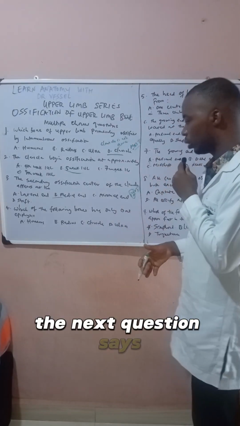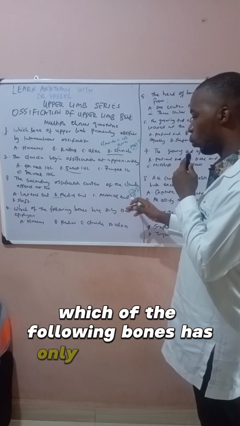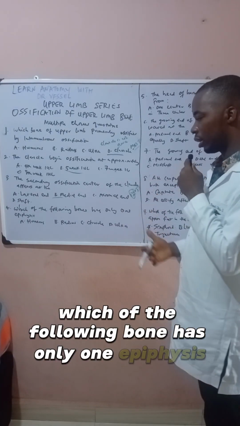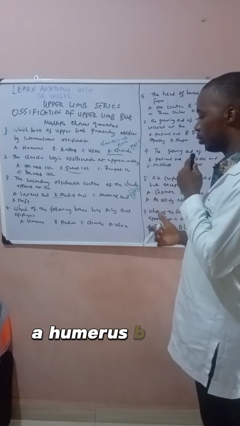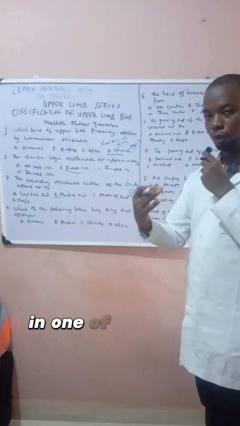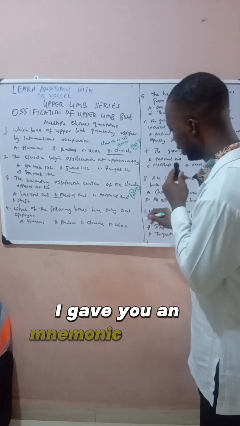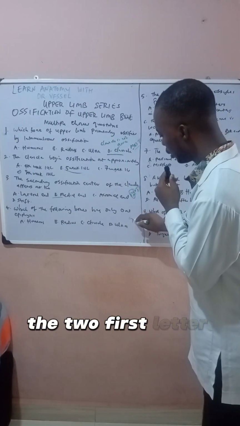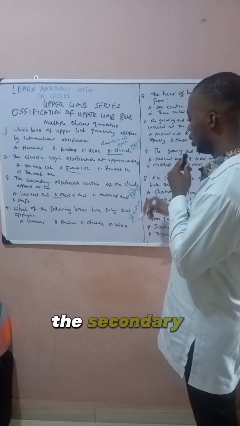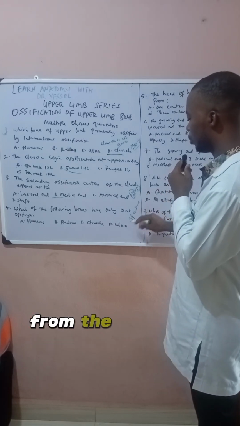The next question says, which of the following bones has only one epiphysis? A. Humerus, B. Radius, C. Clavicle, D. Ulna. In one of the videos we made, I gave you a mnemonic that the first two letters of secondary center can help you remember that the secondary ossification center forms the epiphysis.